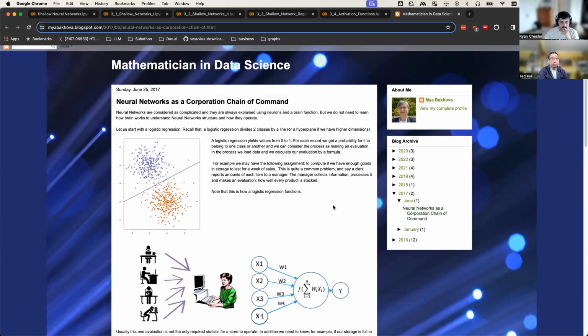When you have just a few nodes, it's more or less simple. But when you have a lot of nodes, how could you explain why the corporation does this and that? Quite often it is lost in these layers of managers.